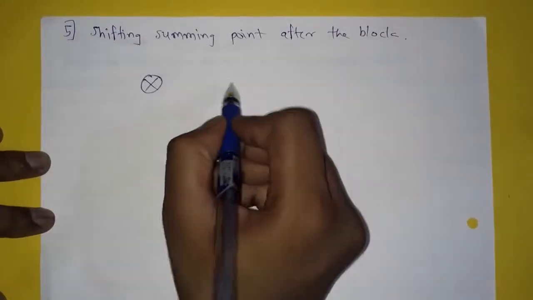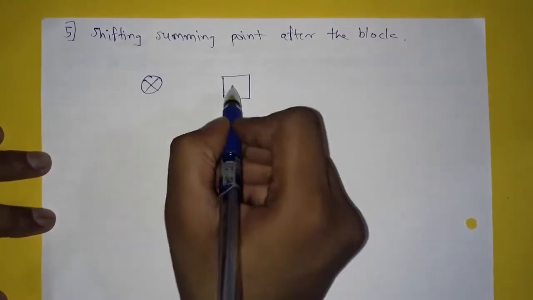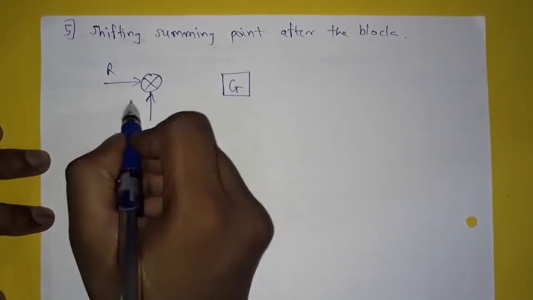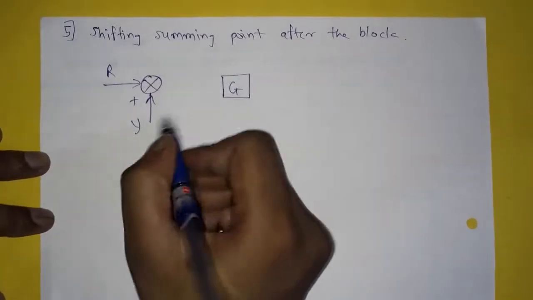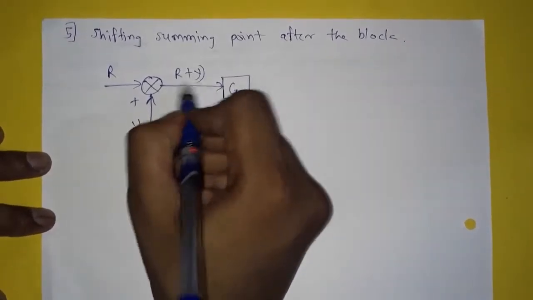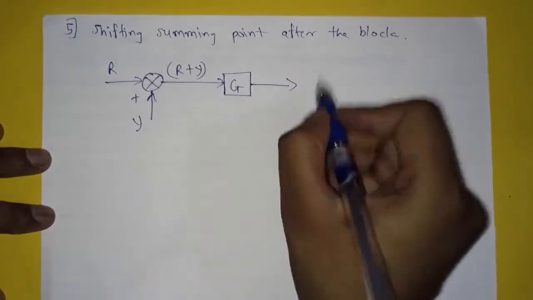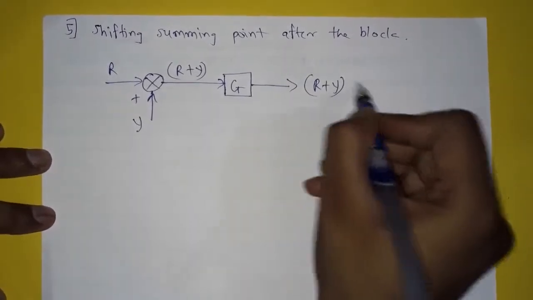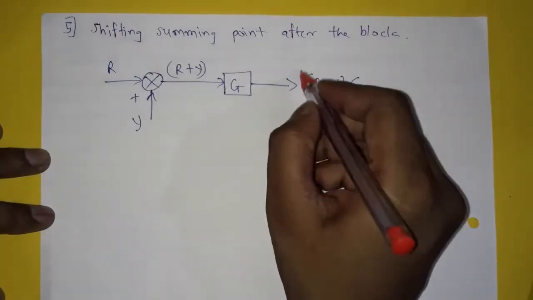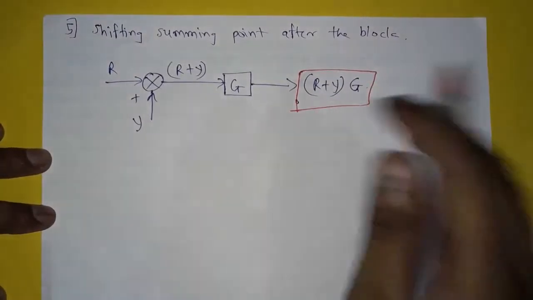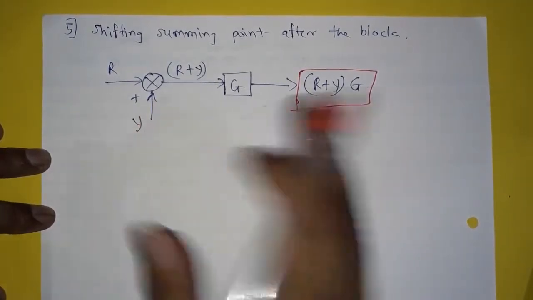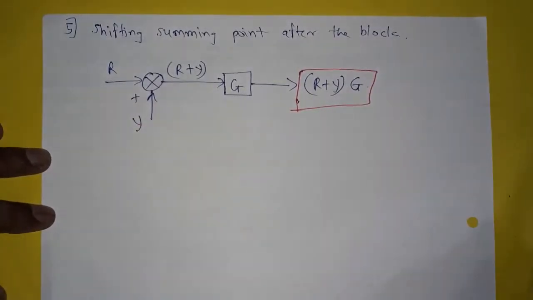This is a summing point, this is a block G, this is R, this is plus Y, and this is then R plus Y. This gives us R plus Y into G. In this case also, the final output after shifting the summing point after the block will be the same. Let's see.